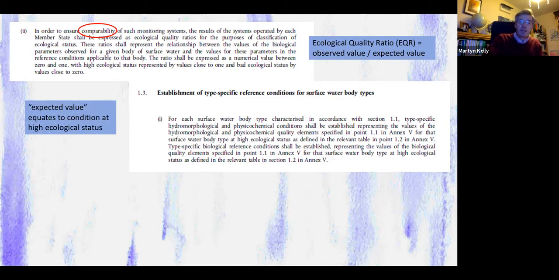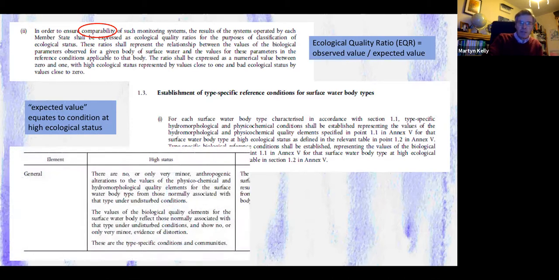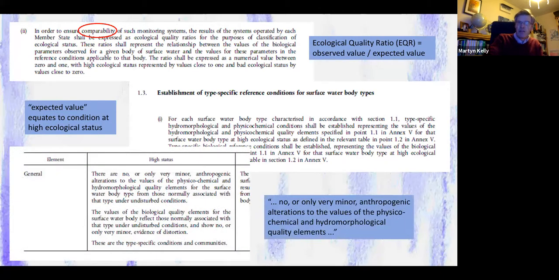And then the expected value would refer to the no effect condition within each of those types. And no effect defined as no or very minor anthropogenic alterations. And an awful lot of time has been spent sweating over just what very minor means, as you might imagine.